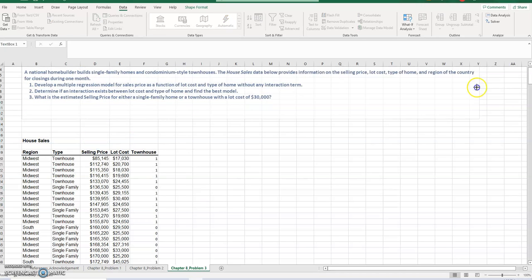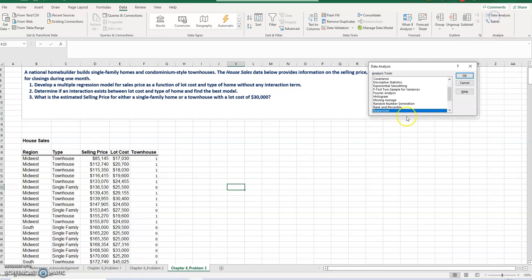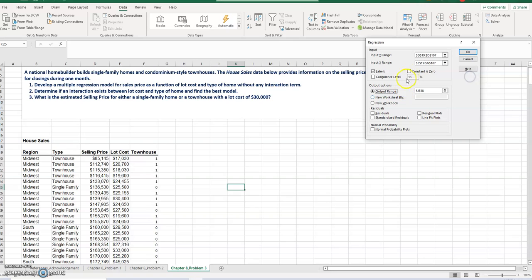And so the first thing we want to do here is get the model to answer question 1: develop a multiple regression model for sales price as a function of lot cost and type of home, without any interaction. So go up to data analysis, go to regression.